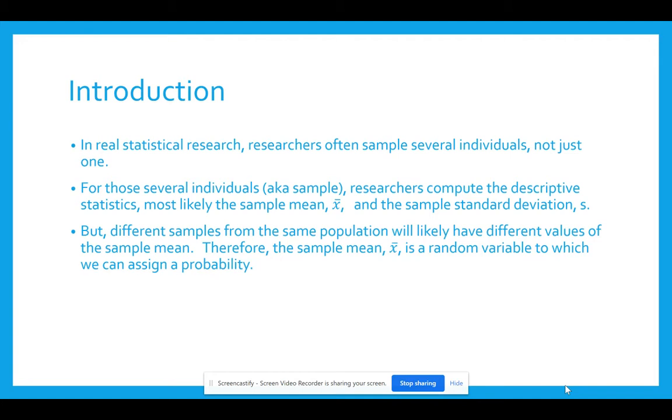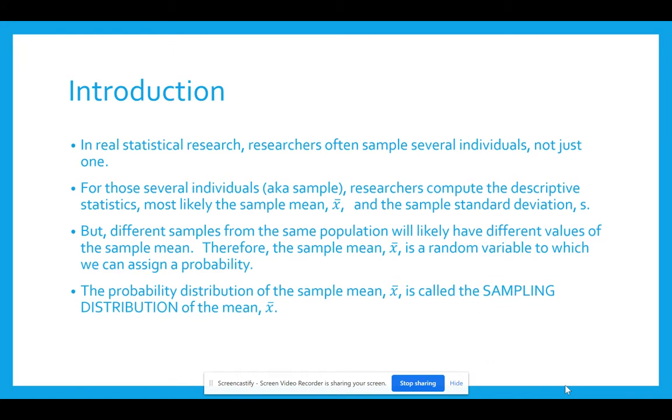So ultimately, when you're looking at a group of values instead of just one, the sample mean becomes a random variable, because it could have different values depending upon your sample. Because it becomes a random variable, we can assign a probability to having that particular mean for a particular sample.